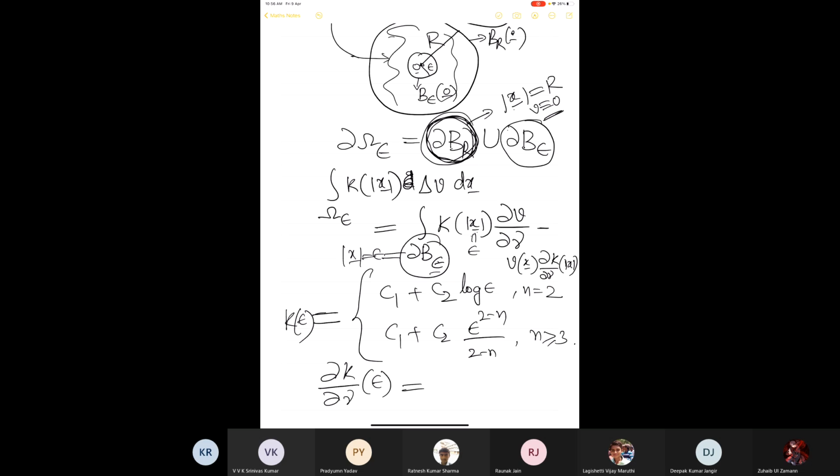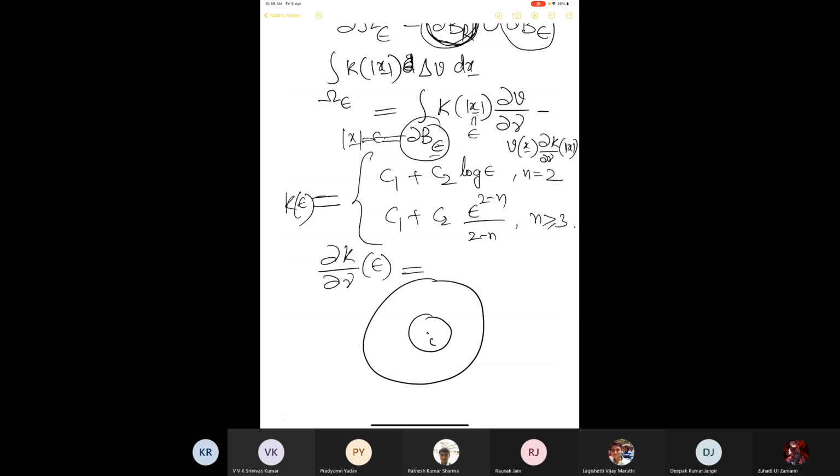This boundary is nothing but mod x equal to epsilon. Find the outward normal derivative. So we have a situation like this: this is the boundary of B_epsilon. Instead of the outward normal, we can take the negative of the inward normal, that is radial, and just do the derivative with respect to epsilon.